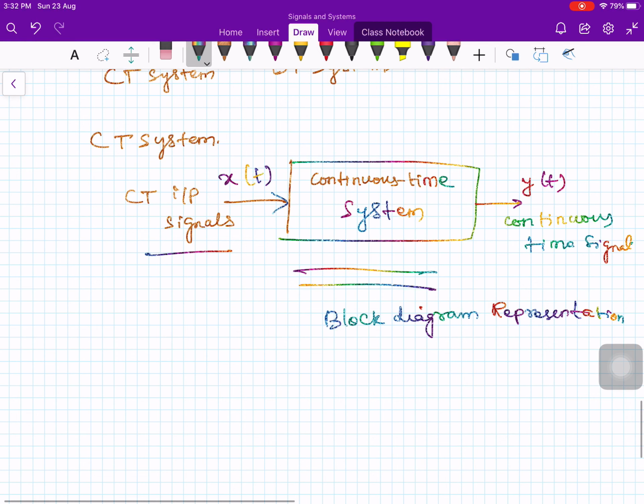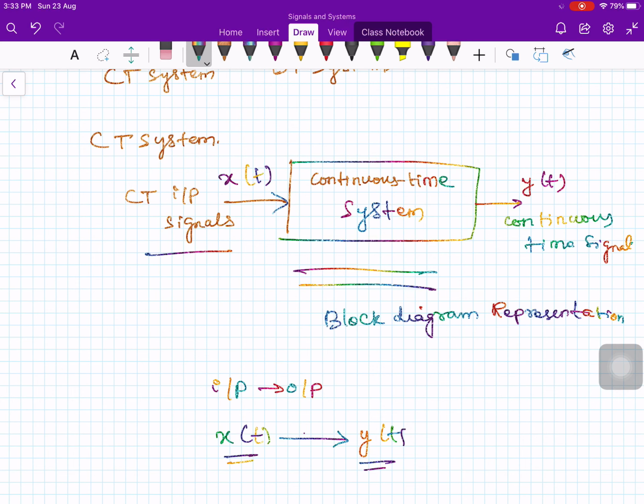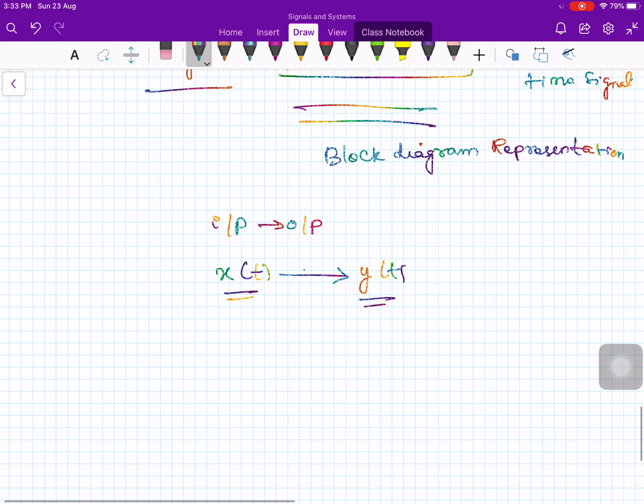Alternatively, we will often represent the input output relation of a continuous time system by the notation x of t, an arrow mark, and y of t. That means the input is x of t and the output is y of t of a continuous time system.